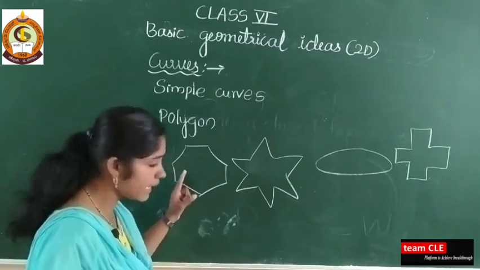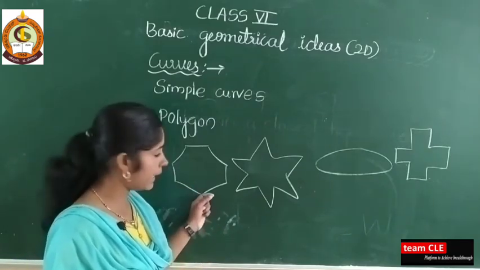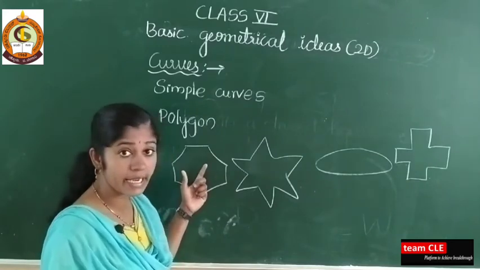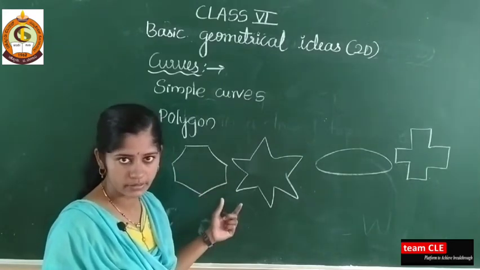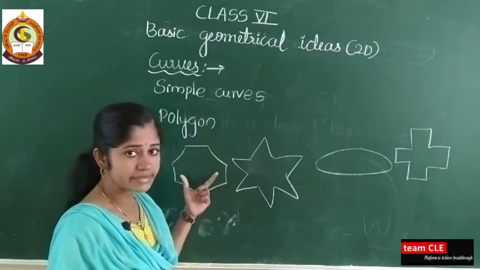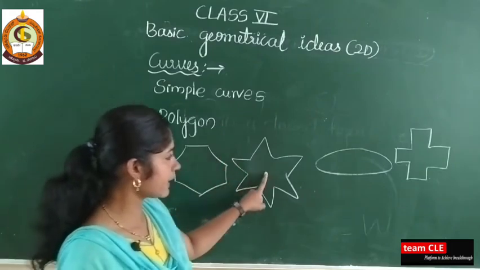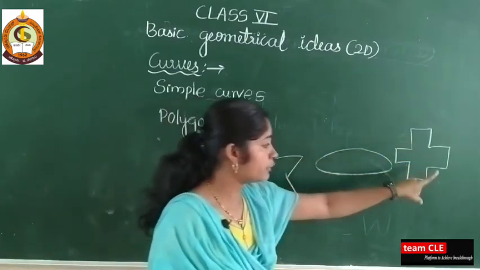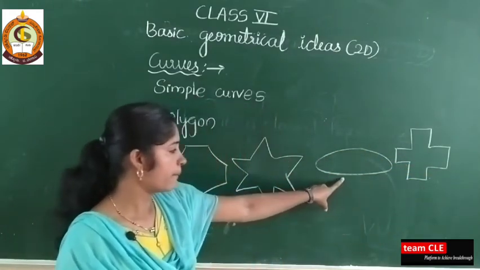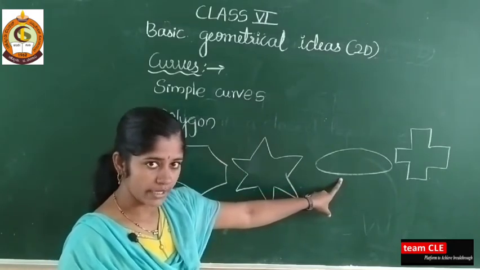Then what are these polygons? Polygons means they are simple closed curves, they never intersect, and they are made by straight lines. Yes, compulsorily they are made by straight lines. Okay, so here the first one is a polygon, the second one is also a polygon, and the fourth one also a polygon, but this is not a polygon. Why?